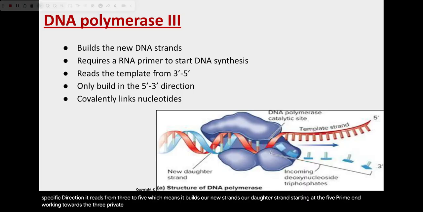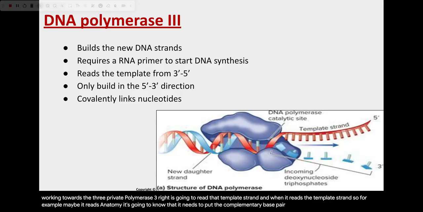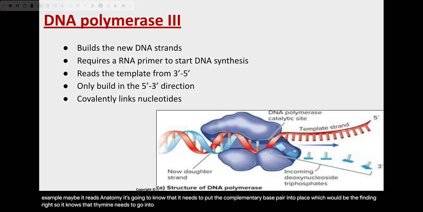So DNA polymerase 3, right, is going to read that template strand. And when it reads a template strand, so for example, maybe it reads in adenine, it's going to know that it needs to put the complementary base pair into place, which would be the thymine. Right? So it knows that thymine needs to go into that position.